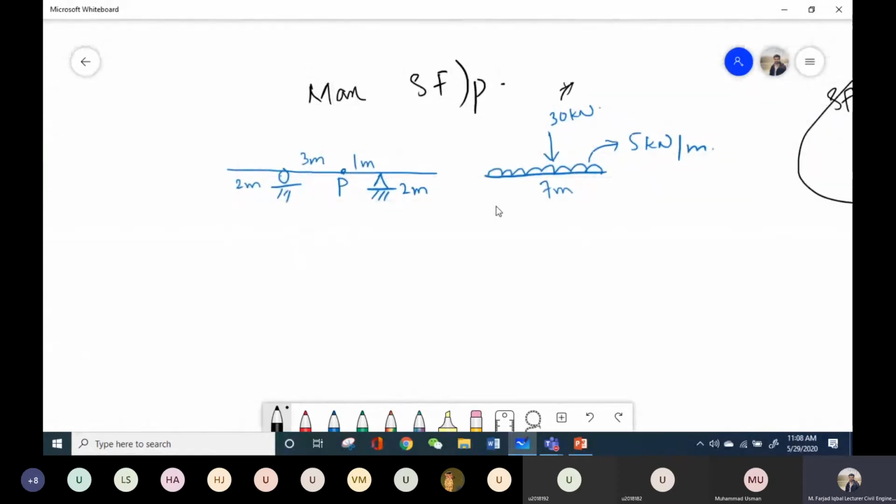I'm not going to do that again because we also plotted the influence line in the lecture before the Eid holidays, so you can see from that also. So the final influence line for this beam was something like this one.